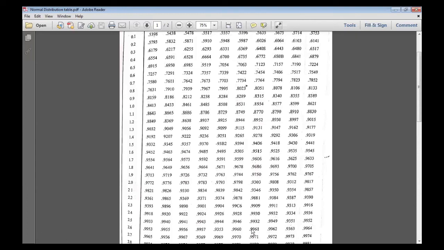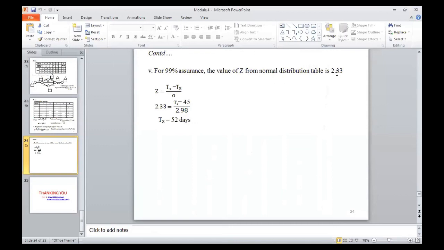And hence, from this table, the Z value we got is 2.33, that is for 99% assurance. The value of Z from the normal distribution is 2.33.